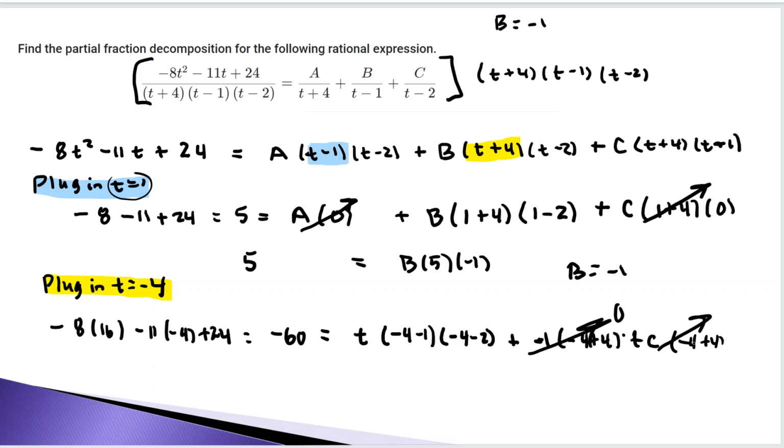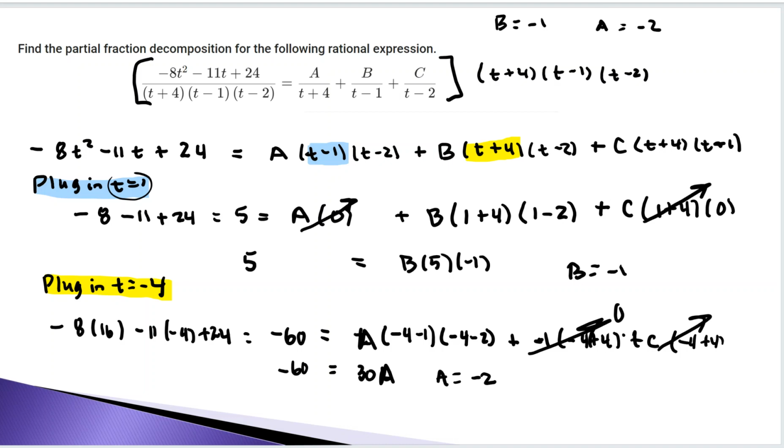So here's my equation: negative 60 equals negative 5 times negative 6 is 30, that's an a there, 30a, so a equals minus 2.